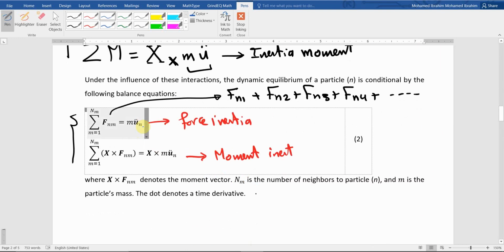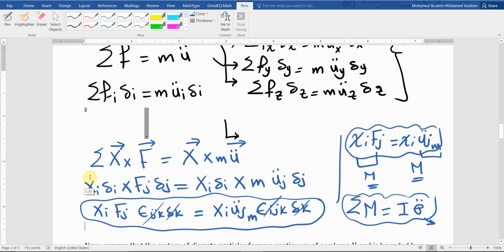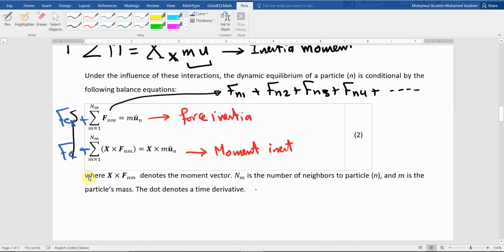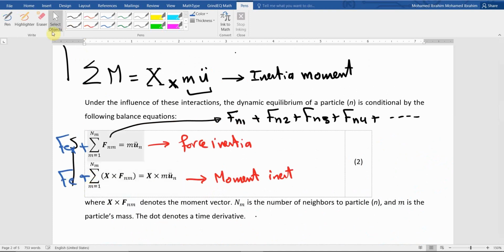So in this case, you're going to have an extra term added here, plus F external, and it's going to be a vector force as well. Make sense? But generally, the common way of representing this equation is that we skip the external force.